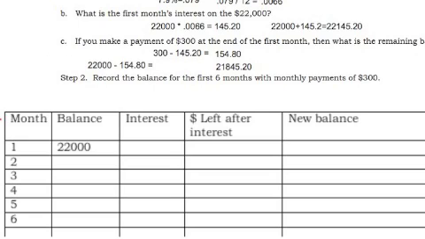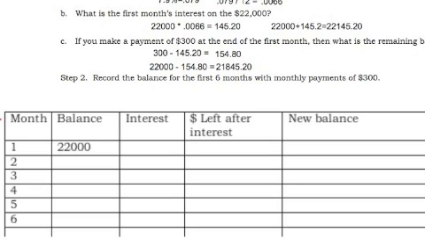So now, the balance after my payment will be $21,845.20. Steps A, B, and C should be organized in a table that looks like this.